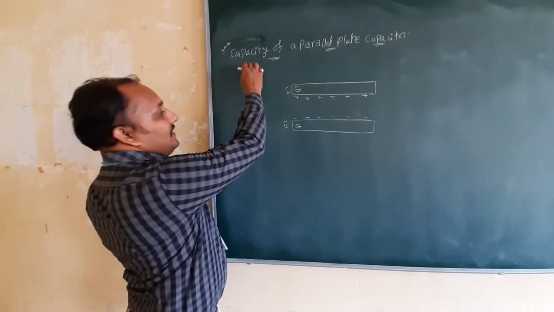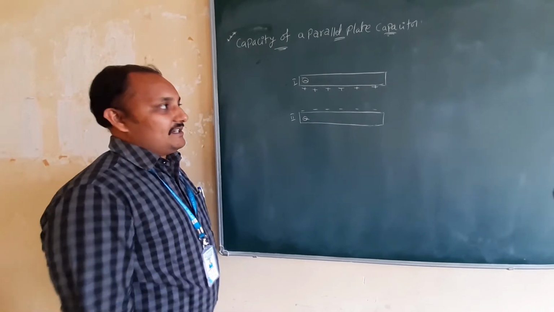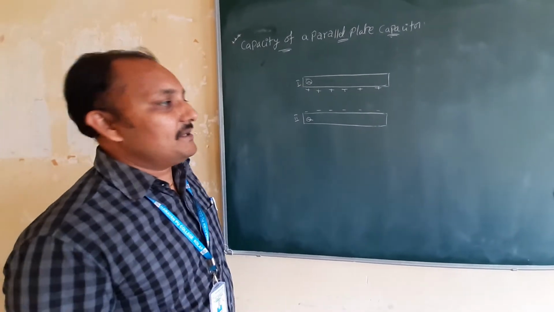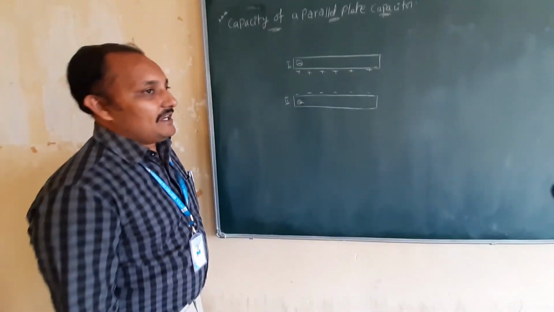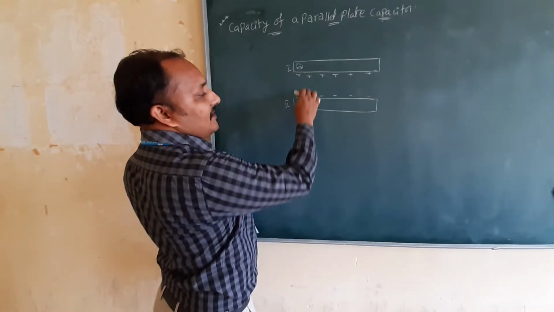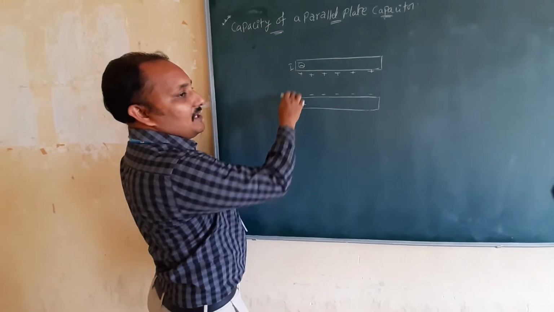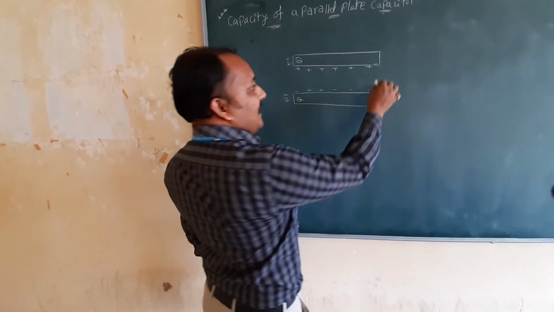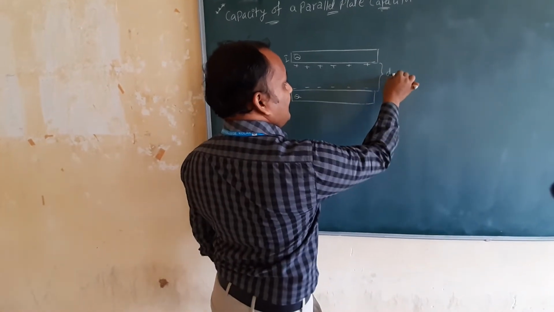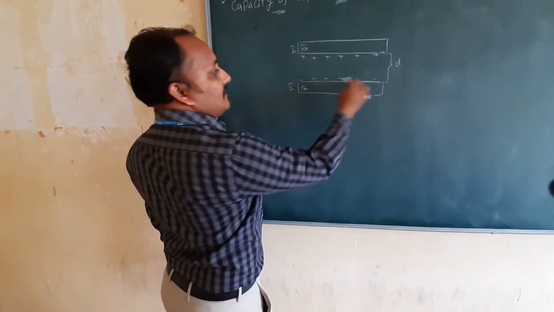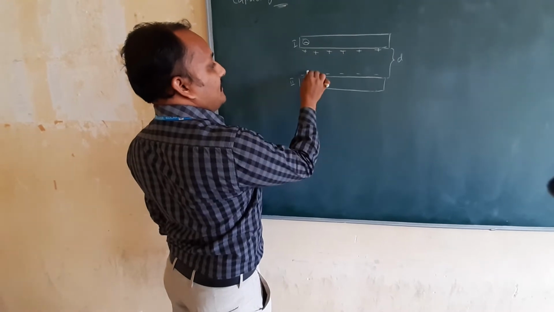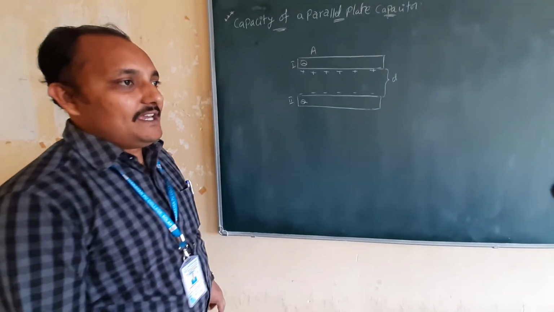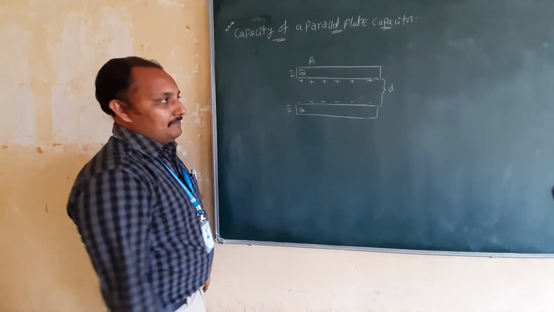We are going to do the derivation for this equation. Very, very important equation. This one they will ask for 3 marks. For this, what have we taken? Consider 2 metal plates or conductors 1 and 2. One is positively charged, another one is negatively charged, separated by a small distance d. The area of each metal plate, let us assume, is capital A. Capital A is the area of each metal plate.